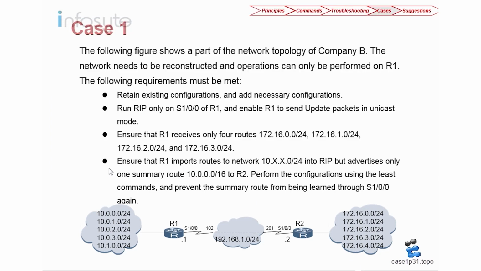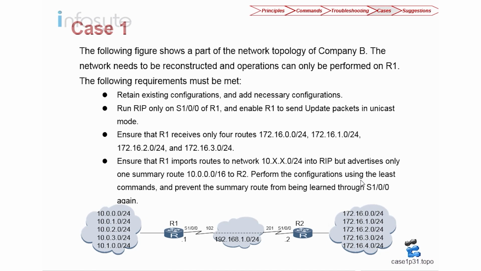The last requirement in this case is to ensure R1 imports routes to the 10.x.0.0/24 networks into RIP. We did that just now using import-route direct, but we need to advertise only one summary route, which is /16. So we are going to summarize all of these using /16, and for that we use a RIP summary address, to R2.